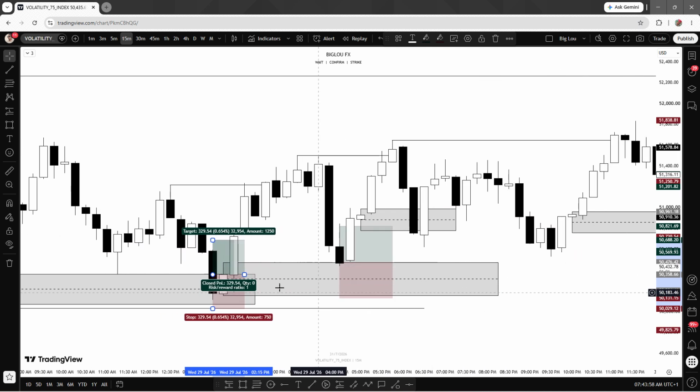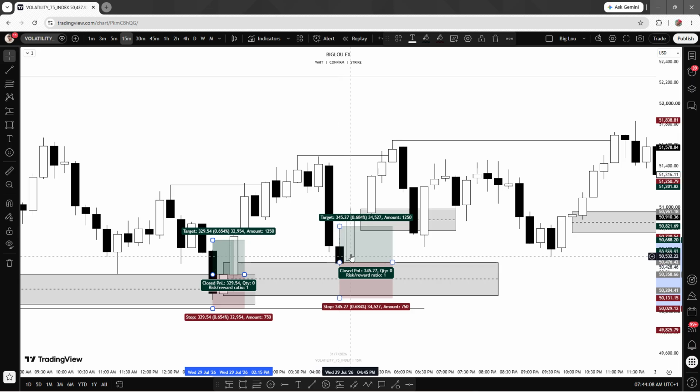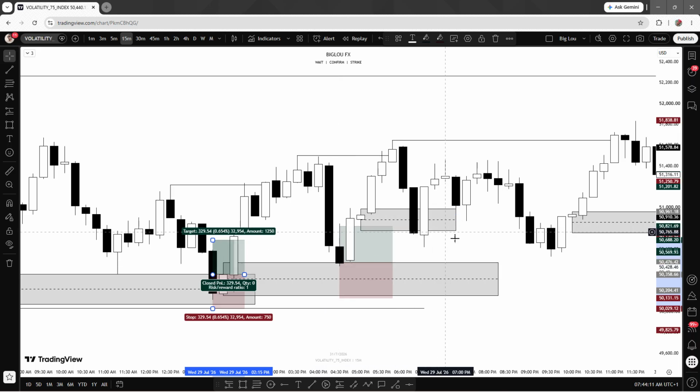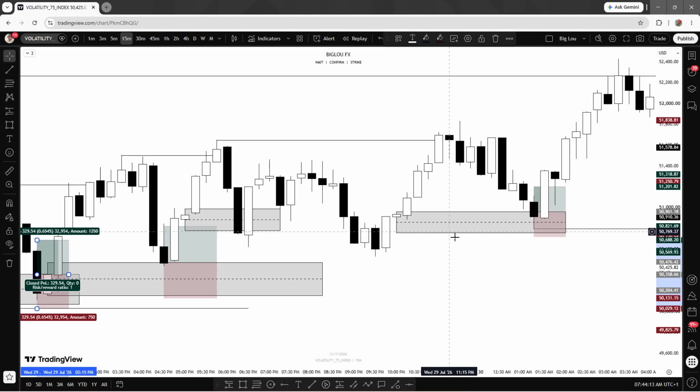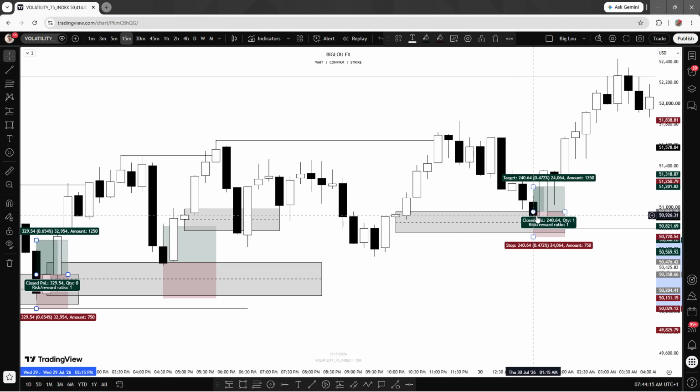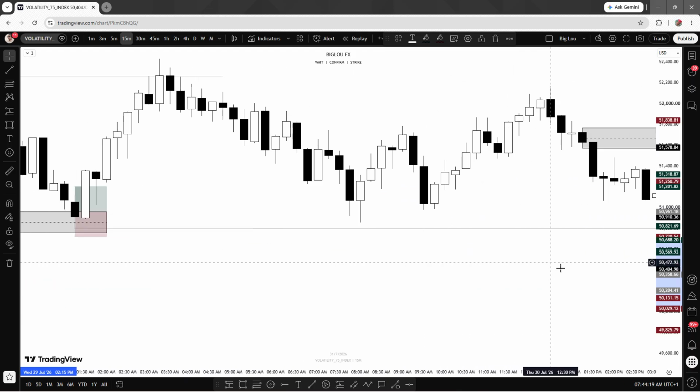For example, we got in on this trade around 1:30. By 2 p.m. we're out. We got in on this trade around 4:30. By 4:45 we're out. We got in on this trade around 1:15 a.m. By 1:30 we are out.